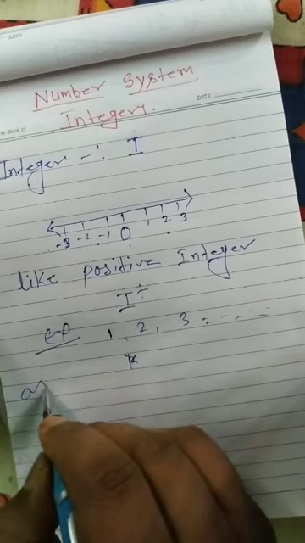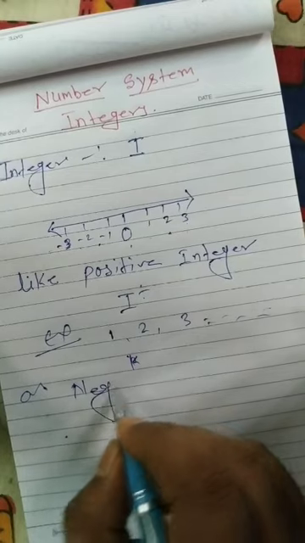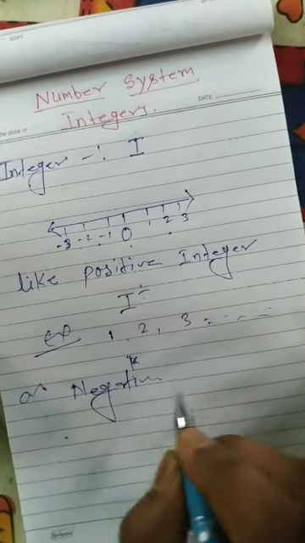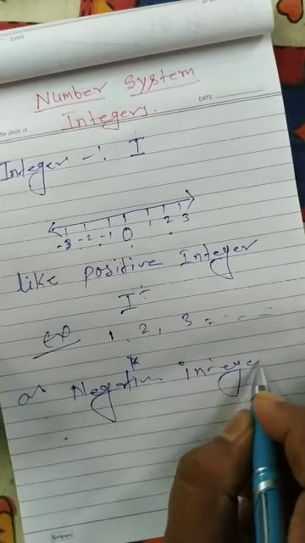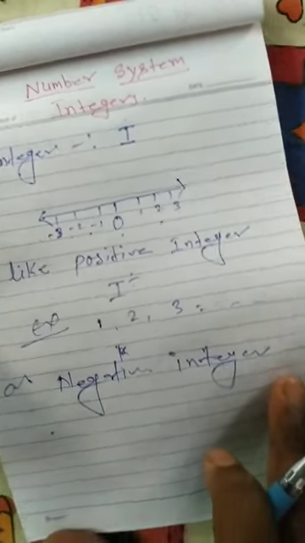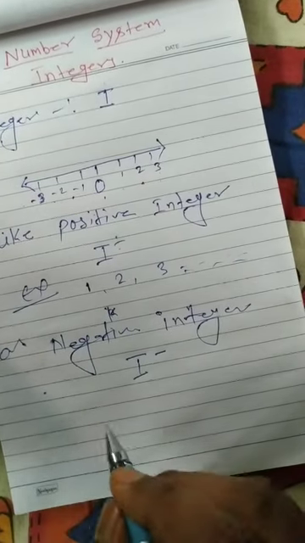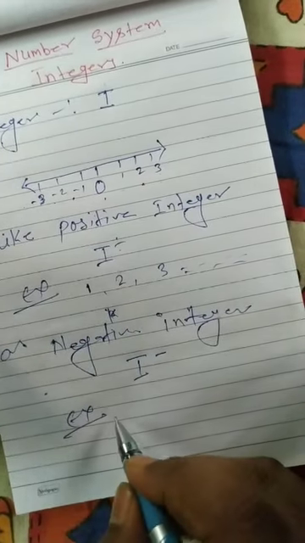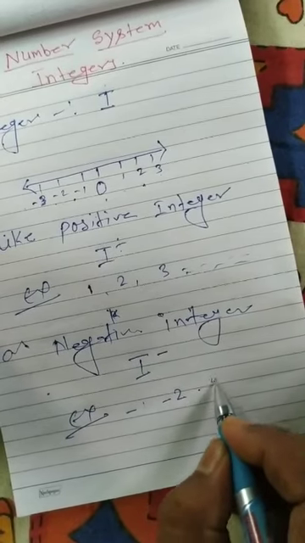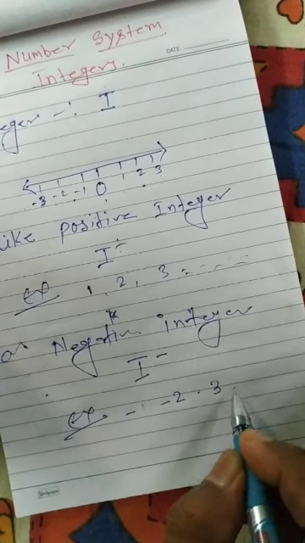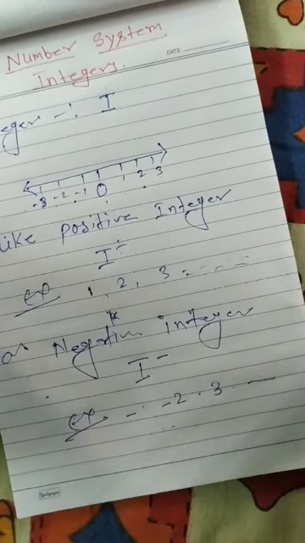And the negative integers, I minus, for example -1, -2, -3, and it goes on.